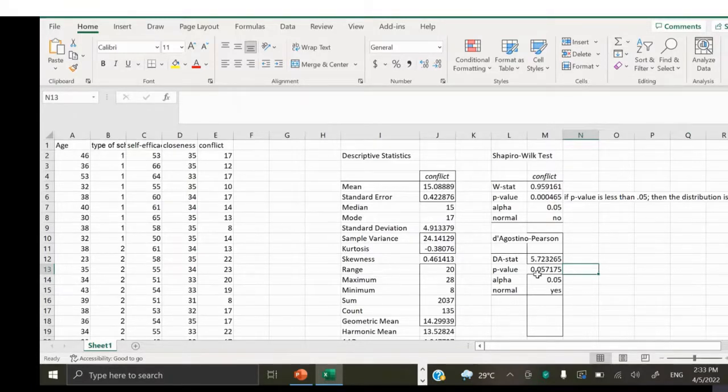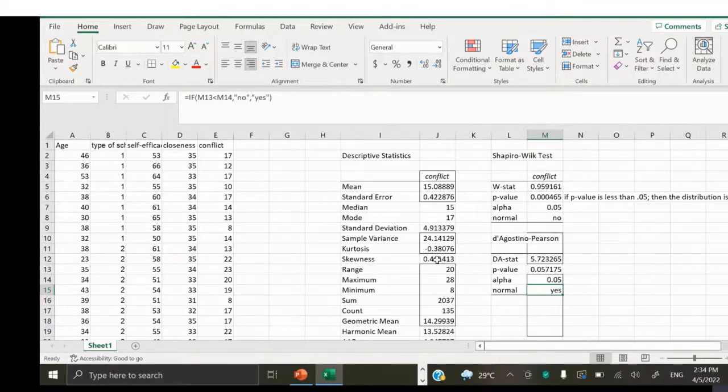But they have different computations. Here, its p-value is greater than 0.05, so its conclusion is that this distribution follows a normal curve. It is normal. And if you look at the kurtosis and the skewness, they are not very high, not very far from zero.